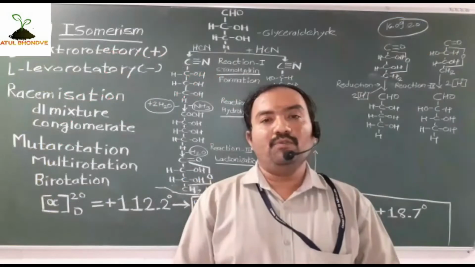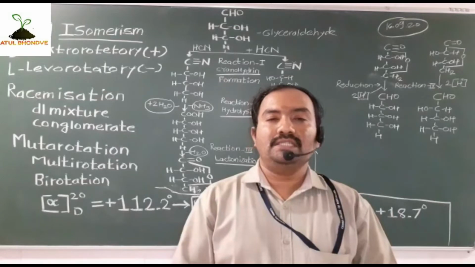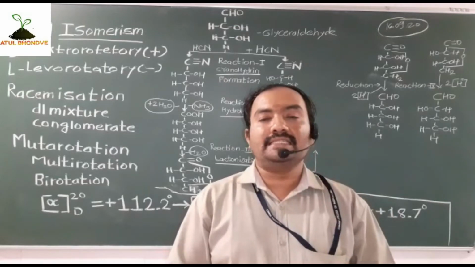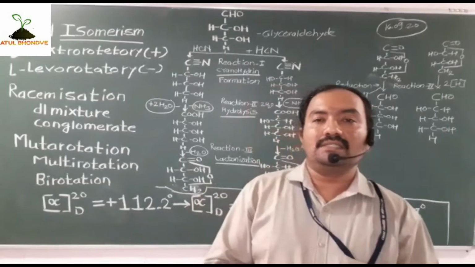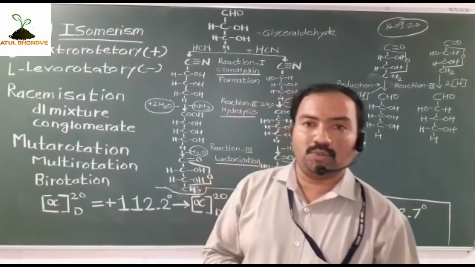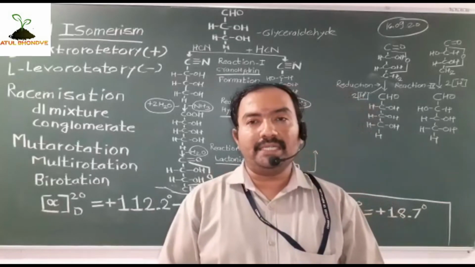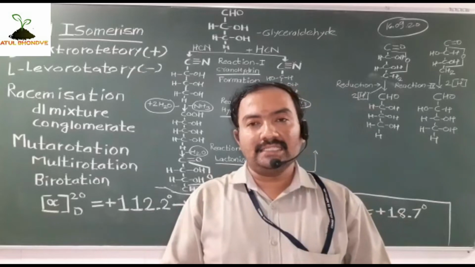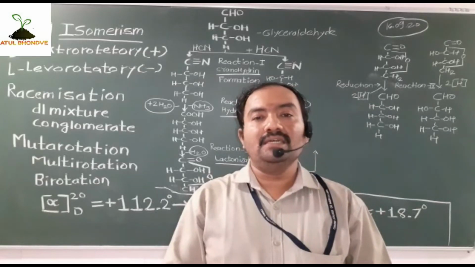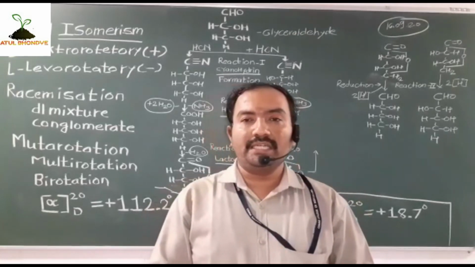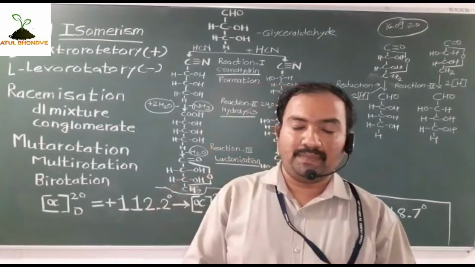D-erythrose is levorotatory and D-threose is dextrorotatory. This is not the exact spatial concern regarding the optical property. For the sake of understanding and ease of reactions, this concept is indicated: D for dextrorotatory, L for levorotatory.